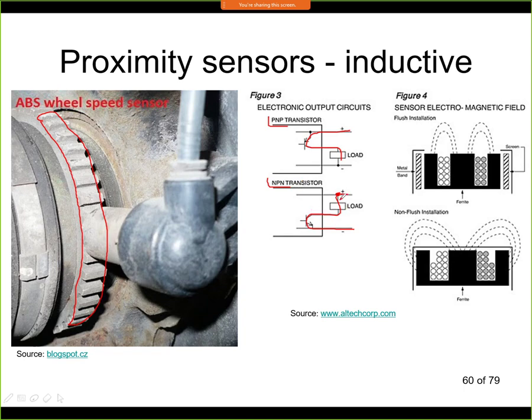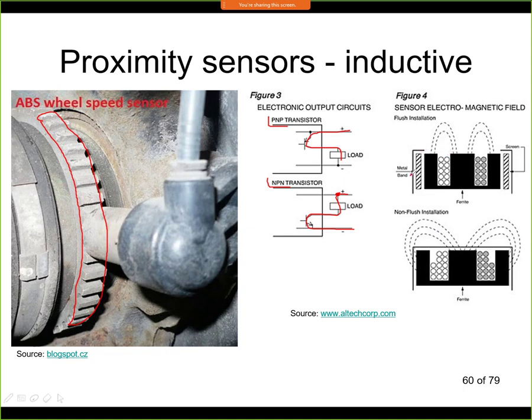On the other hand, the NPN is a little bit less safe, because here we have the plus voltage connected at all times, and if there is some short connection, for example here at those two wires, we will have some current that is flowing through the load. So in industrial applications, a little bit more common is the PNP output, because of this safety feature.